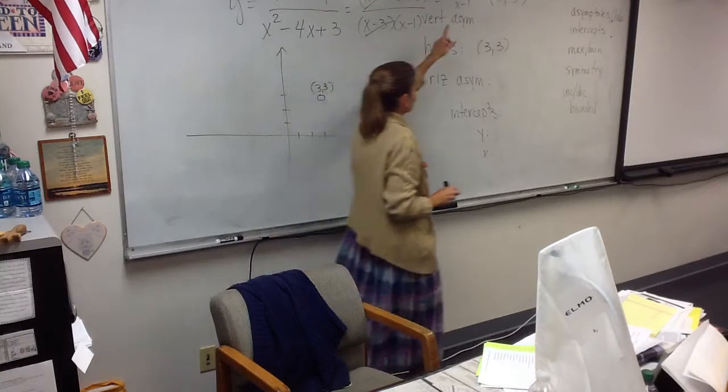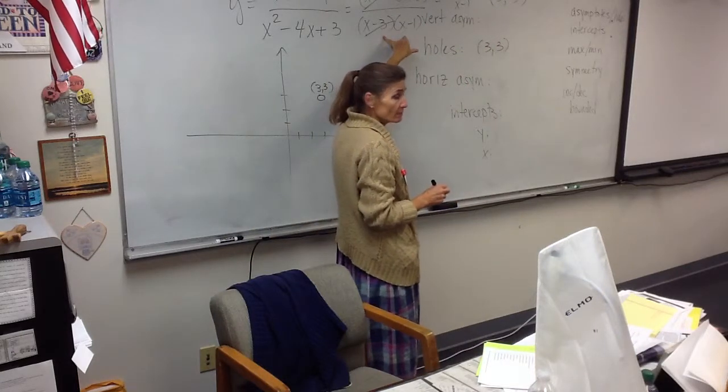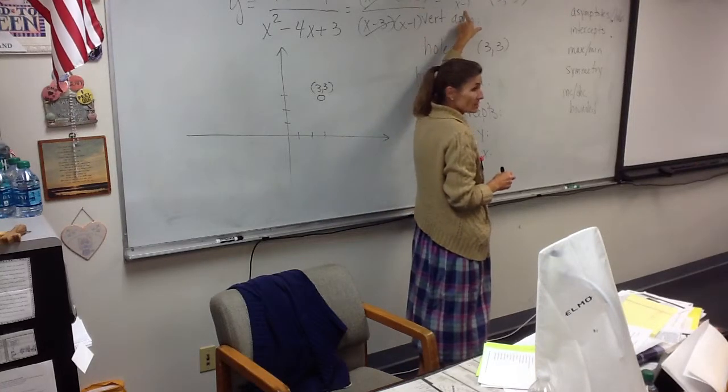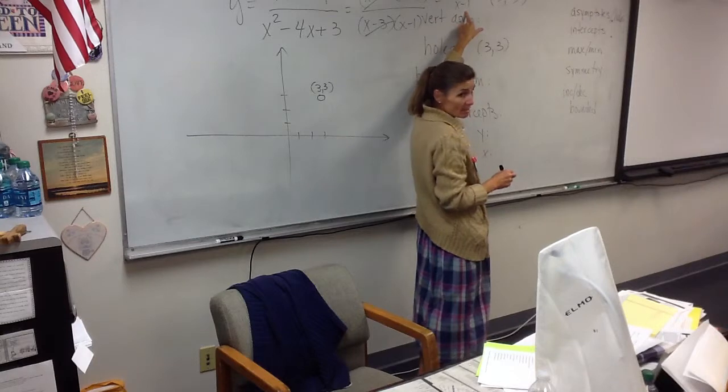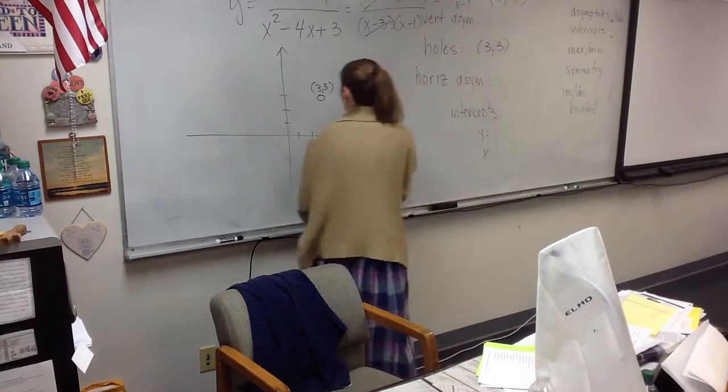Now, let's go back to this. In the beginning, x couldn't be 3 or 1. Can x be 1 now? No, x still can't be 1. So how does that get graphed? Vertical asymptote.